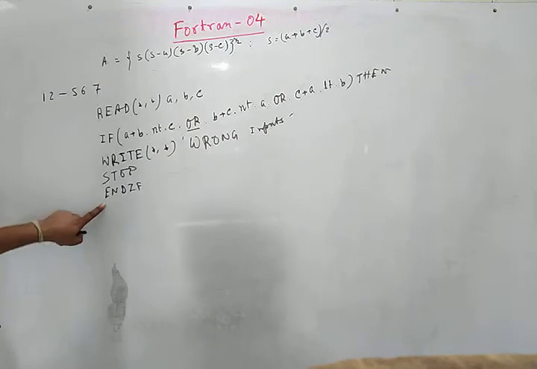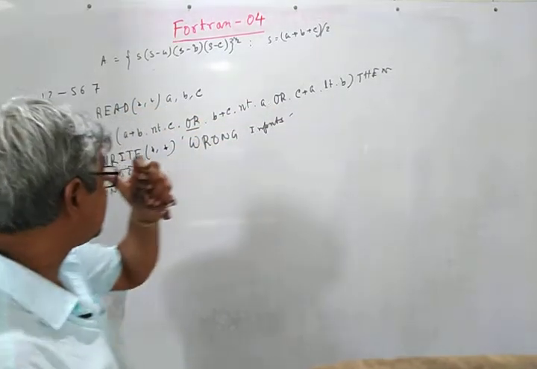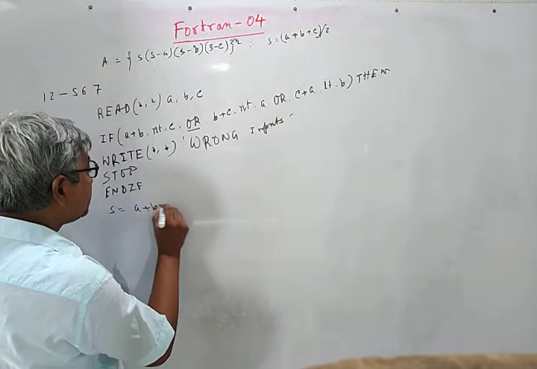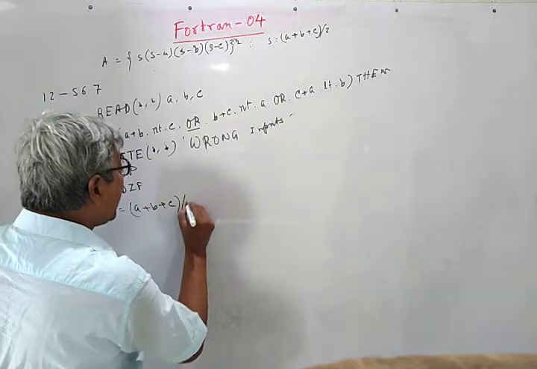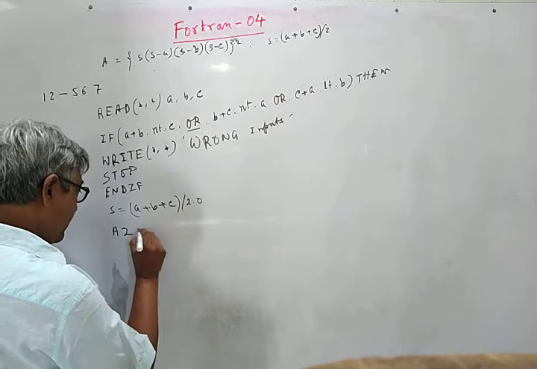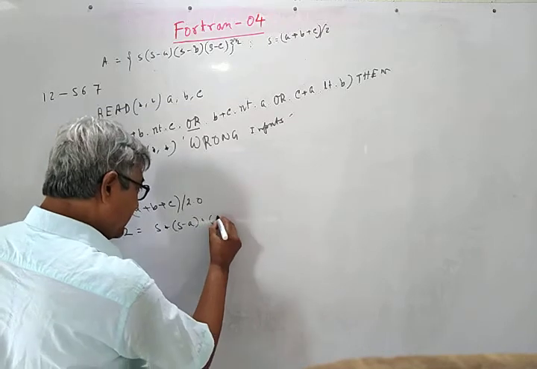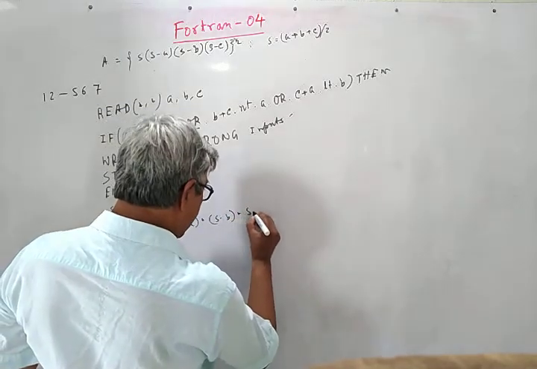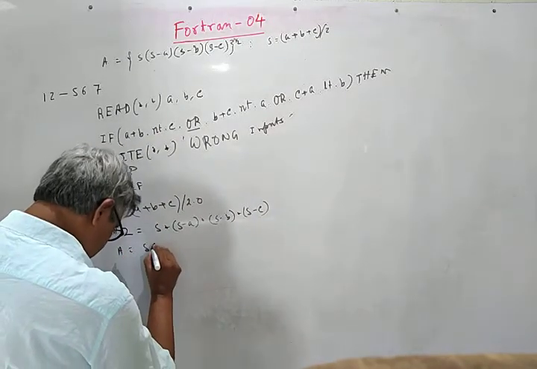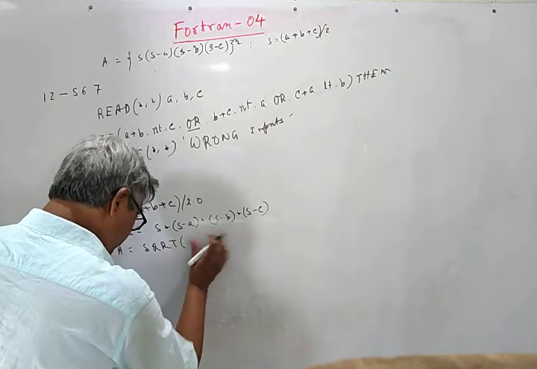So we will be arriving at this line only when the triangular inequalities are satisfied. So we write S semi-perimeter A plus B plus C by 2.0. Then I go to A2, S into S minus A, S minus B, S minus C, and then area is equal to the square root of A2.